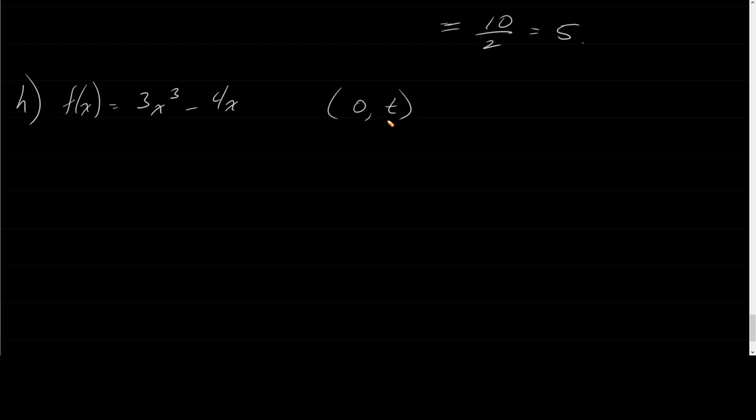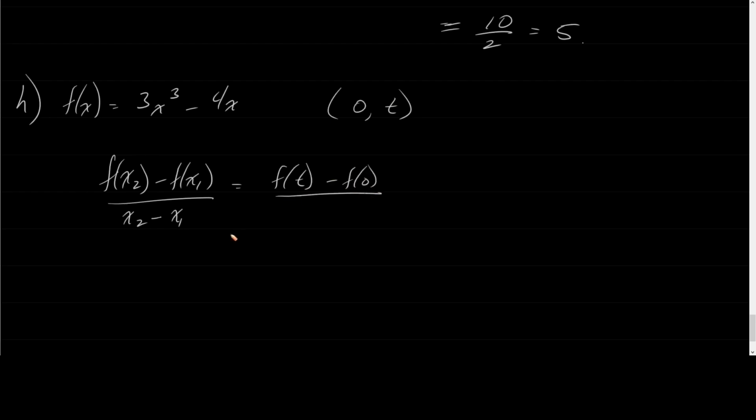All right. So again, what we're going to start with is our formula, f of x sub 2 minus f of x sub 1 over x sub 2 minus x sub 1. And this is really saying plug in t, plug in 0. So I have f of t minus f of 0 over t minus 0.